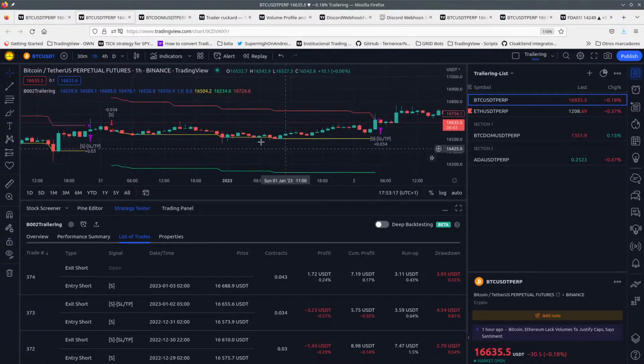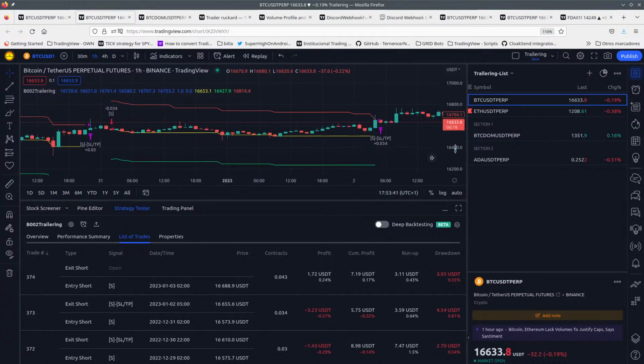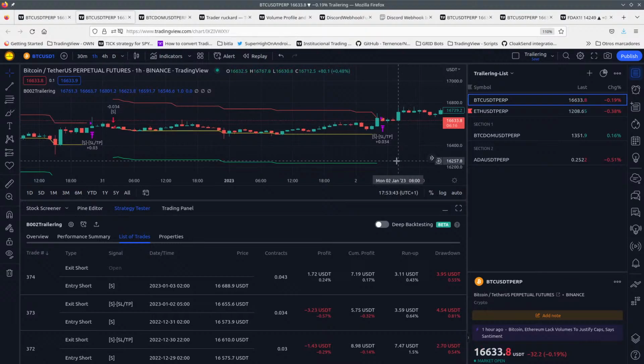As you can see here, we have some stop loss, which is always getting smaller. That's what we want to do here. And the take profit gets better, it gets bigger, I guess I want to say.